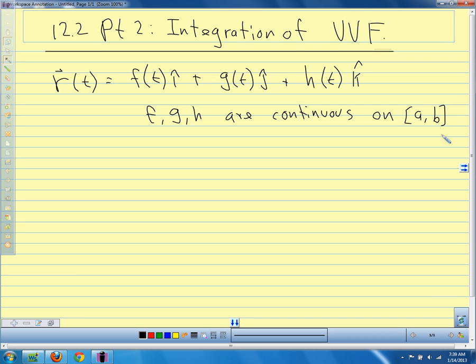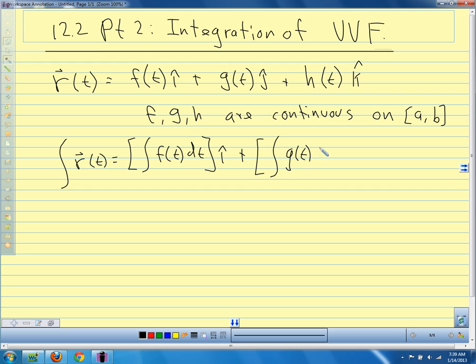We're going to say that our integral of r of t, we just integrate component by component. So that's just going to be the integral of f of t dt i plus, and we're just going to do the same thing for each component, just like we'd expect.